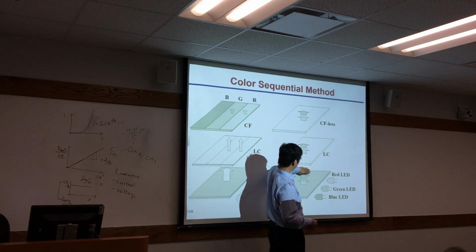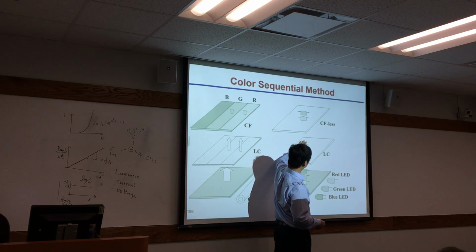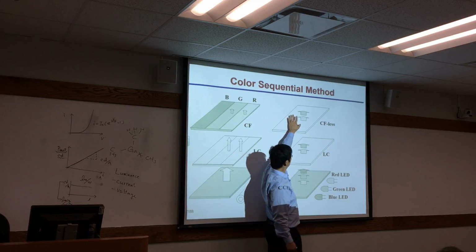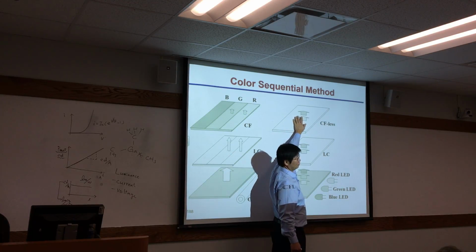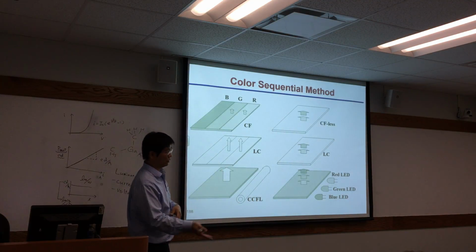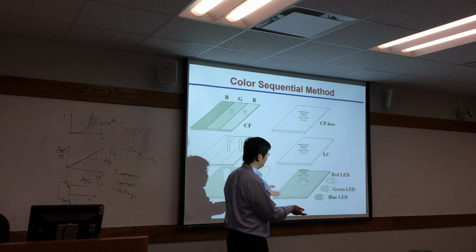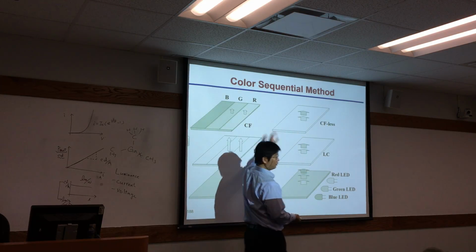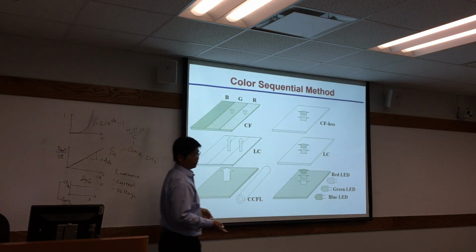So we say the blue one will be blocked, and let these two lights go outside. So that is red and green without the color filter. So you don't need a color filter, so it reduces the cost. And high efficiency, because there's no loss in color filter. Remember that with color filter, you lose 2/3 of the light.